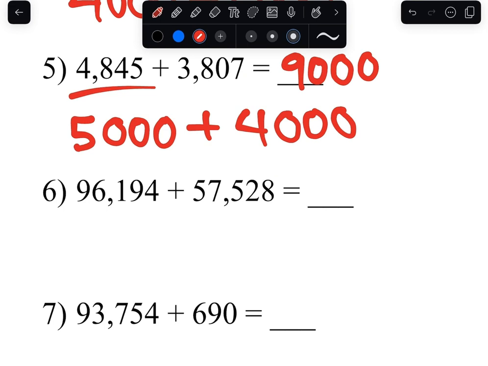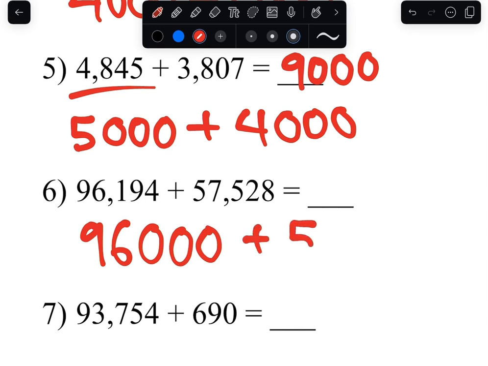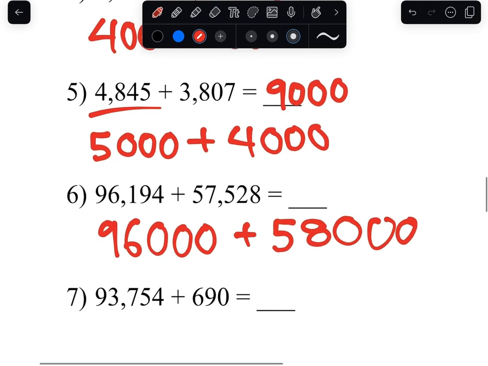Number 6, 96,194 plus 57,528. 96,194 rounds to 96,000, and 57,528 rounds to 58,000. You add those two together and then you get 154,000.